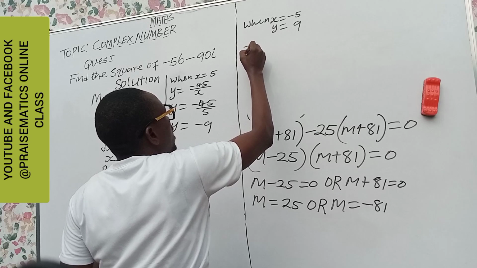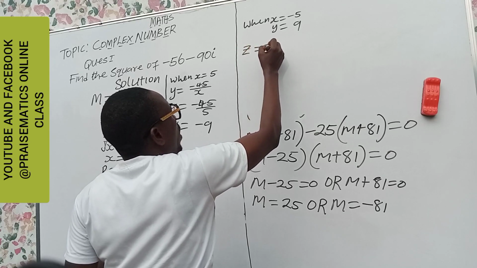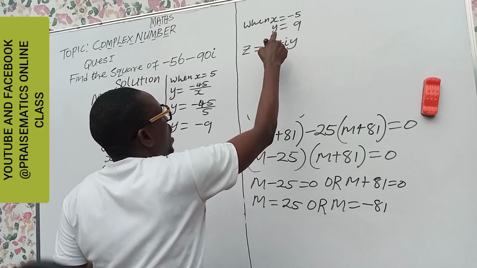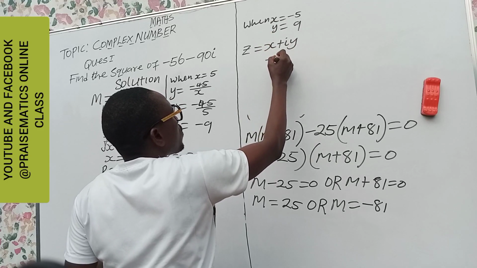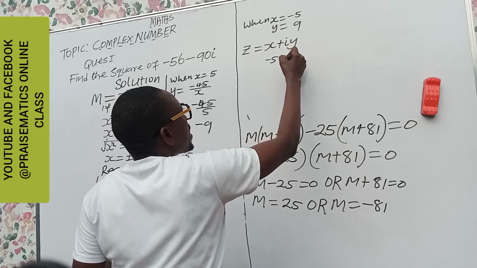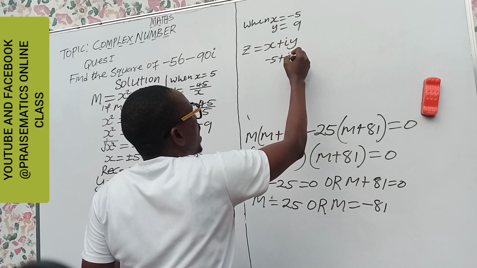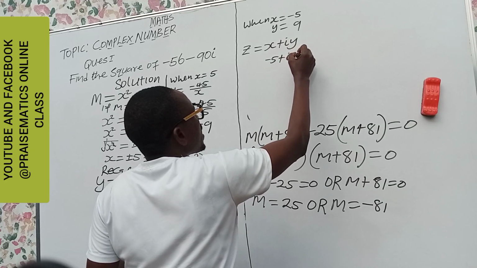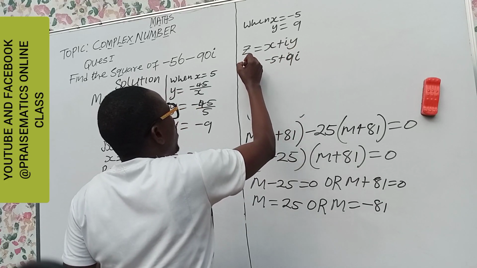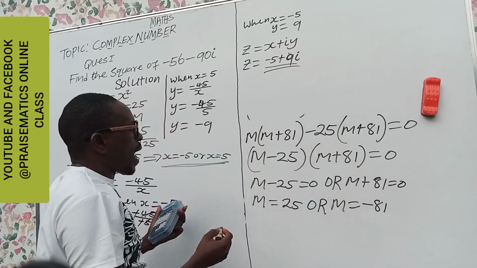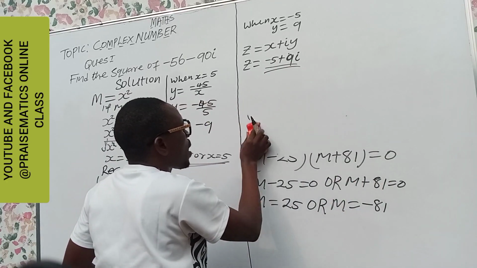Recall complex number that z is equal to x plus iy. In this place, our x is minus 5, plus i, and our y is 9, which means 9i. Here, our z is equal to minus 5 plus 9i.